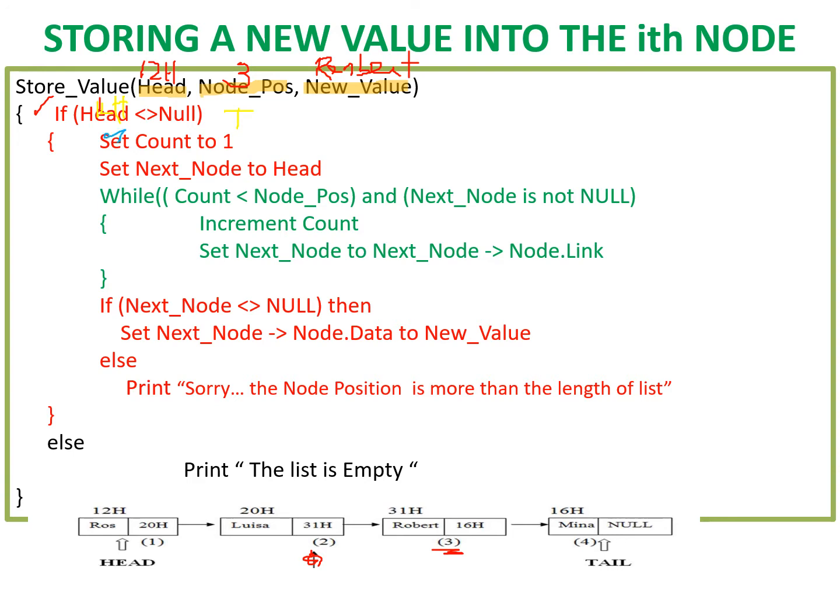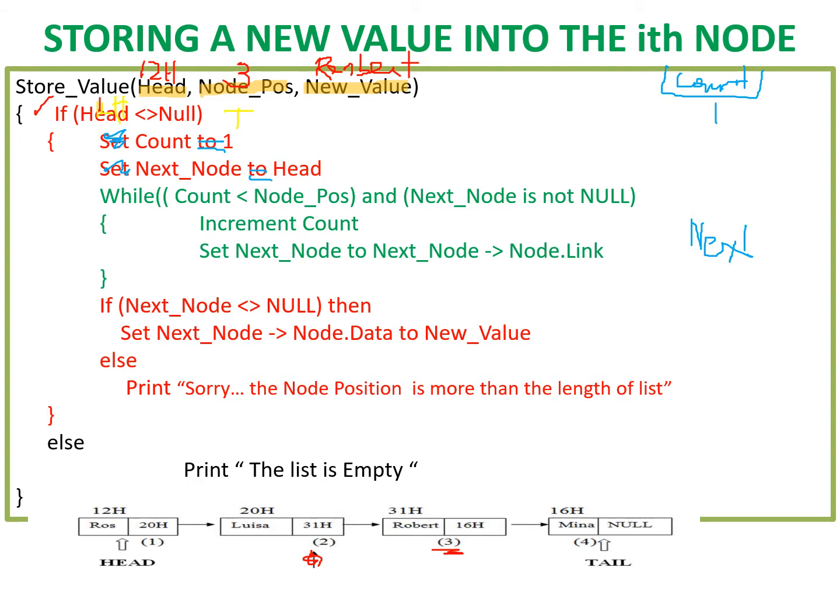We're going to set the value of count to 1. So we have again the variable count, which has an initial value of 1. And then we set next node to head. That means the initial value of our next node is the address of our head.